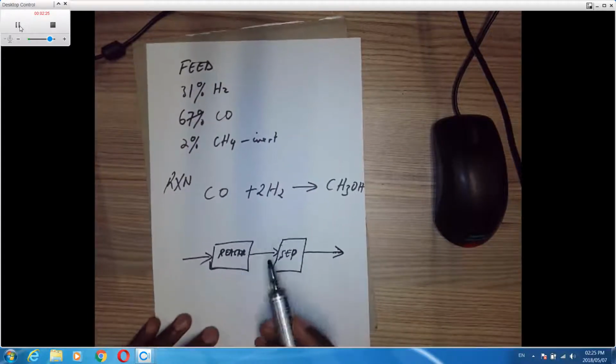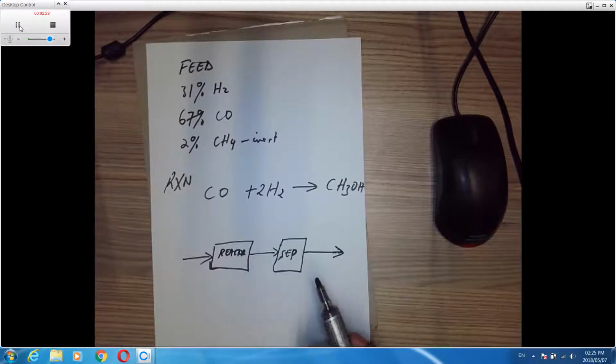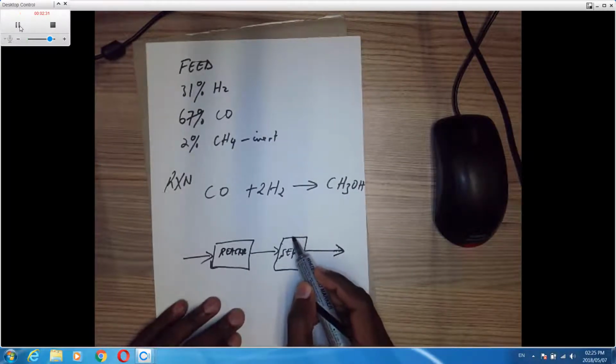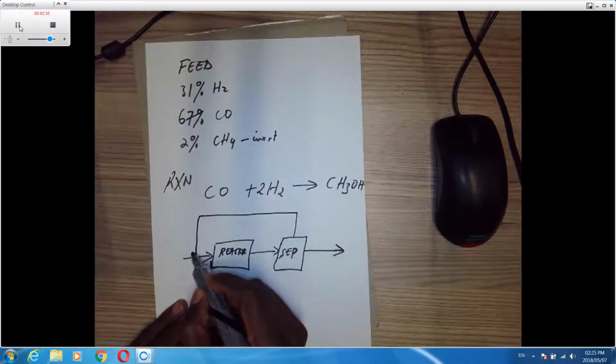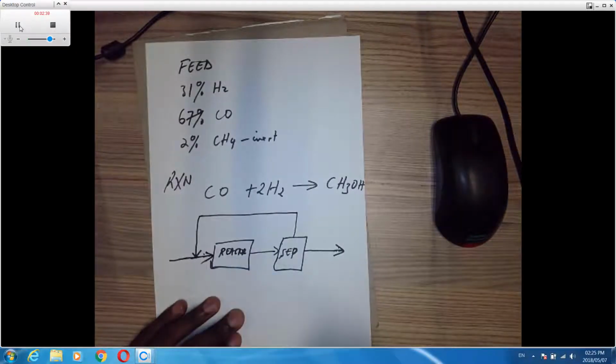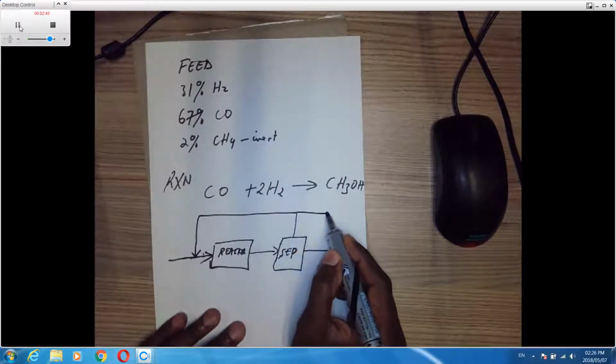Since in the process you are not having 100% conversion of your raw material, somehow we have to recycle some of the raw materials for the economics. So also you've got an inlet, a feed stream.